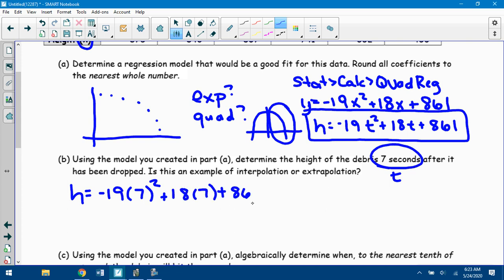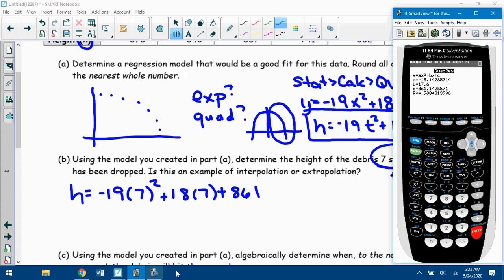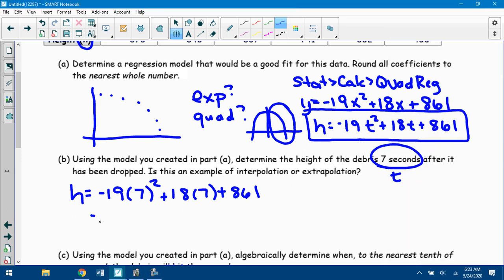And I would like to see that 7 written out like this. So negative 19 times 7 squared plus 18 times 7 plus 861 gets me 56. So that'd be 56 feet.